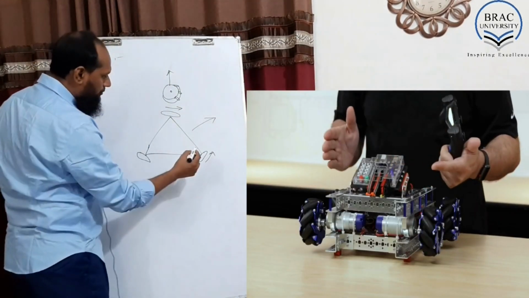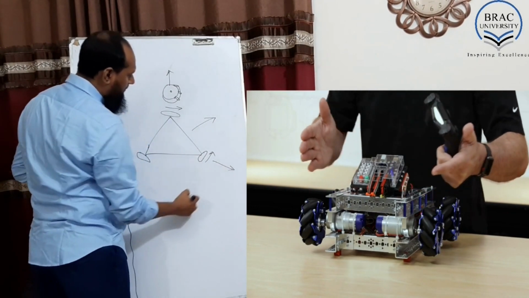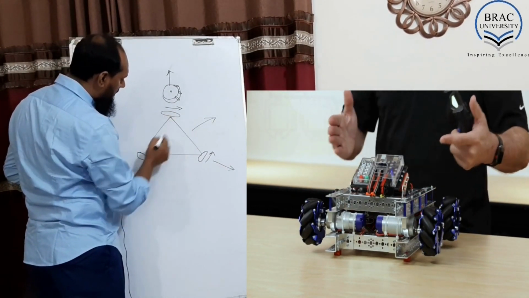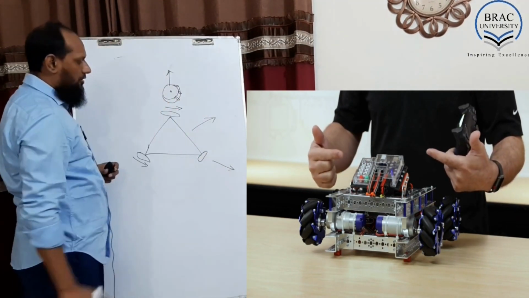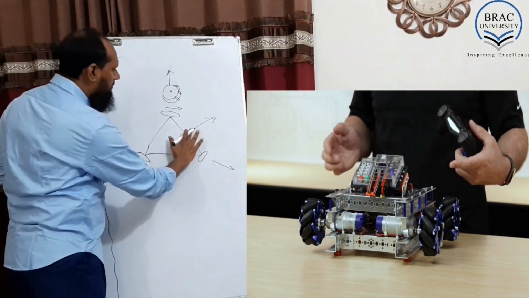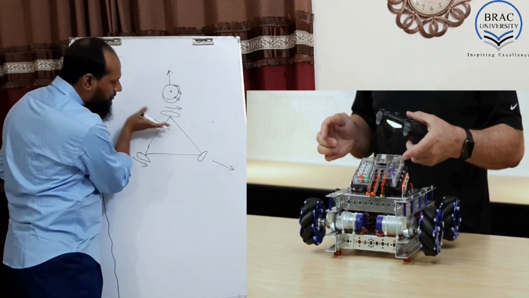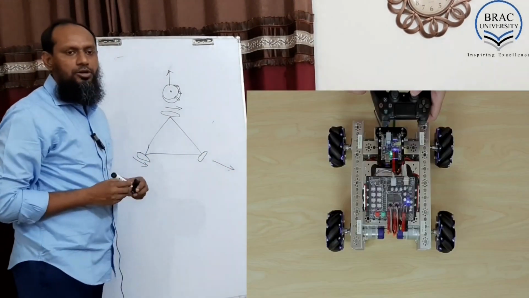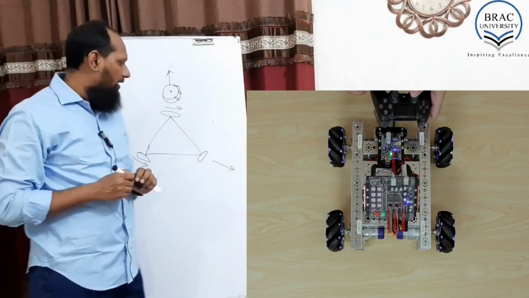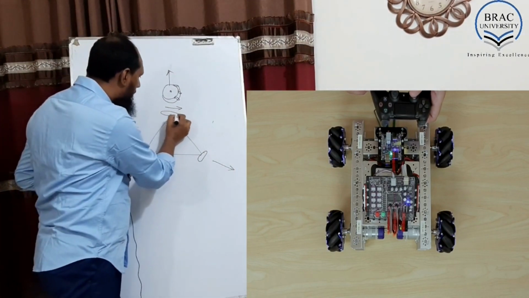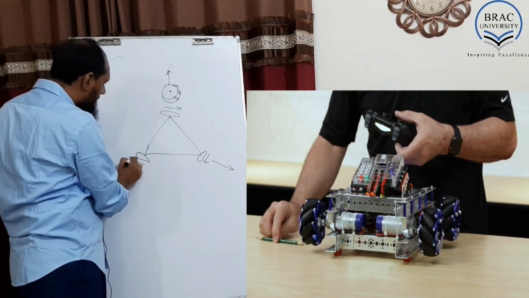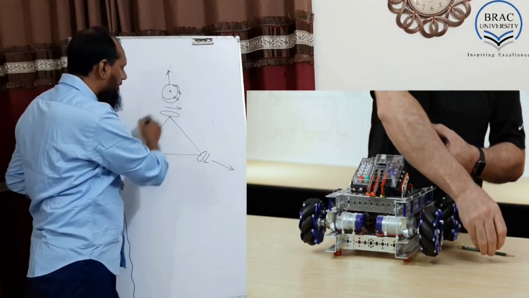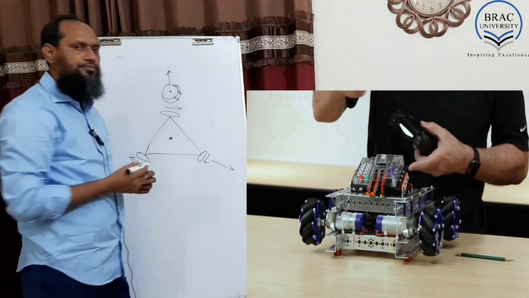If you want to move this way, you just need to run this one in this direction and this one in this direction. This wheel will not rotate. So if we do like that, it will move that way. So in any direction we want. Even if we move this wheel in this direction, this one in this direction, and this one in this direction, then it will start spinning on the same point.